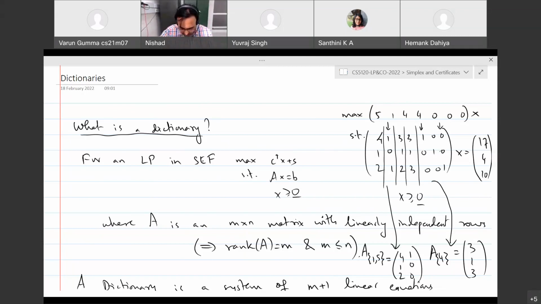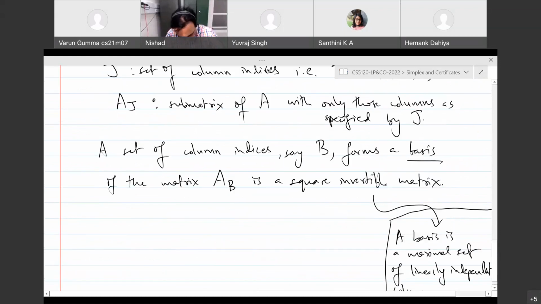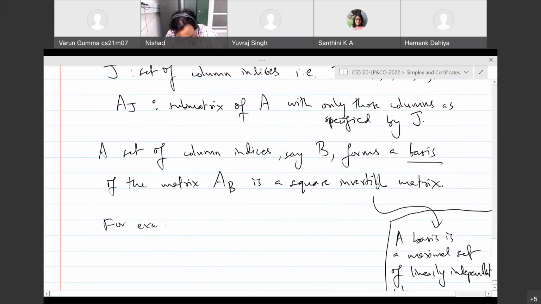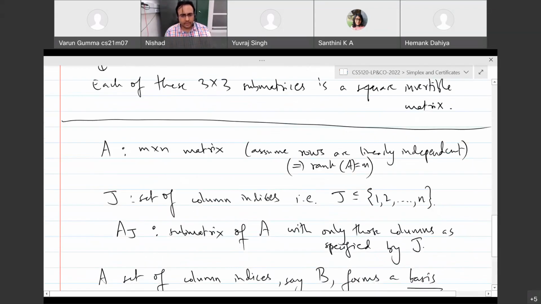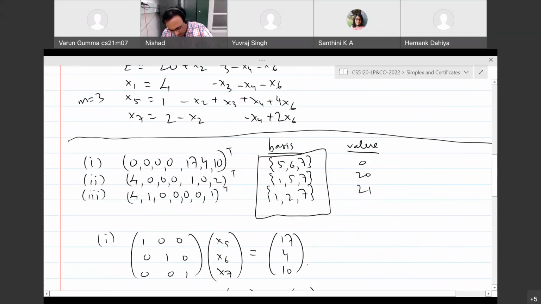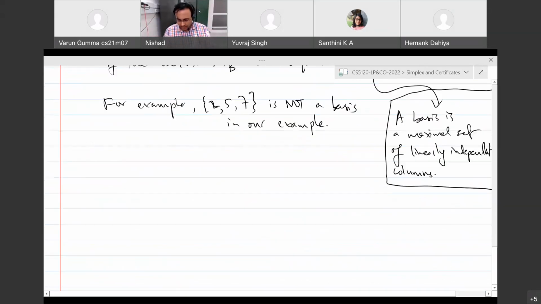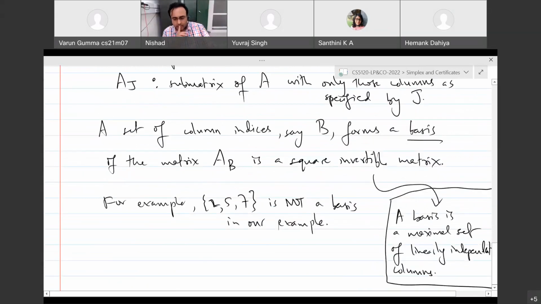So let me write this down. For example, 2, 5, 7 is not a basis. So although it is 3 columns, it doesn't form a basis. Okay. And all of these that we found by simplex, all of these are bases, which is why we call them bases. Okay, good. Any questions or concerns at this point?